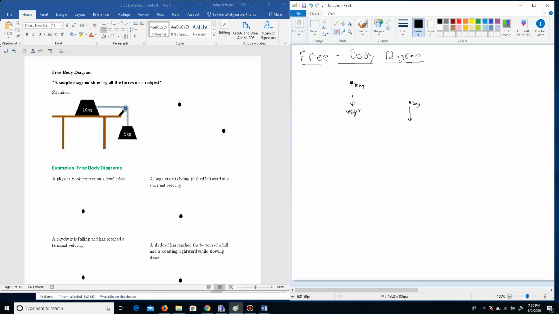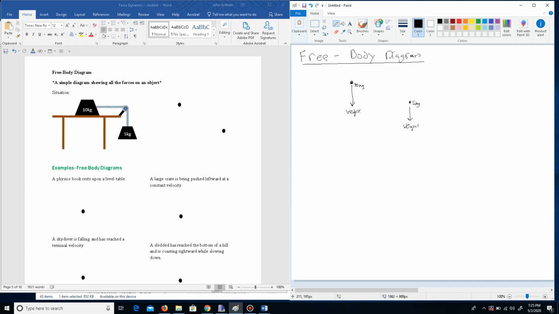Personally, I tend not to worry so much about the lengths of the arrows, because I'll use the numbers to know what they're supposed to be. But technically, they're supposed to be kind of to scale. A lot of times, though, we can't make them to scale, and that's why I just don't worry about it.